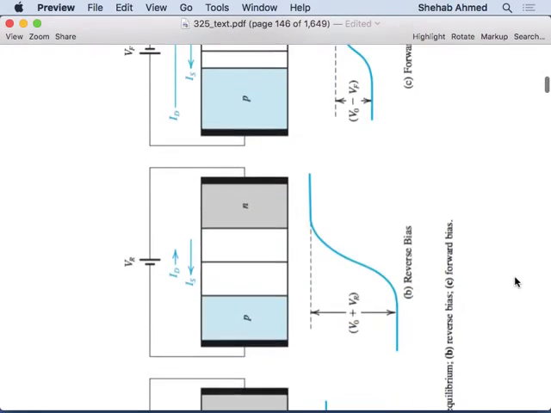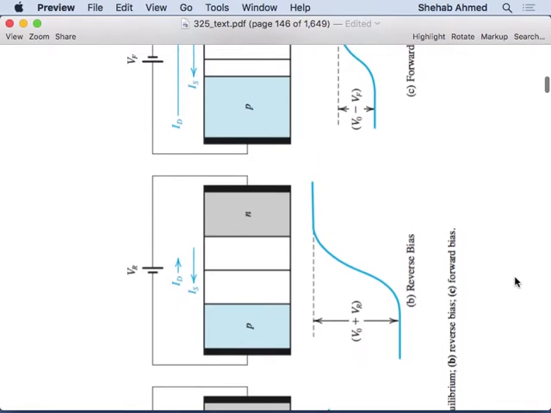We talked about forward bias operation, reverse bias operation, and open circuit operation of the diode. The whole trick is, how do you control the barrier voltage? If you increase barrier voltage, that means you are blocking diffusion. The device is said to be in reverse blocking condition or reverse bias.